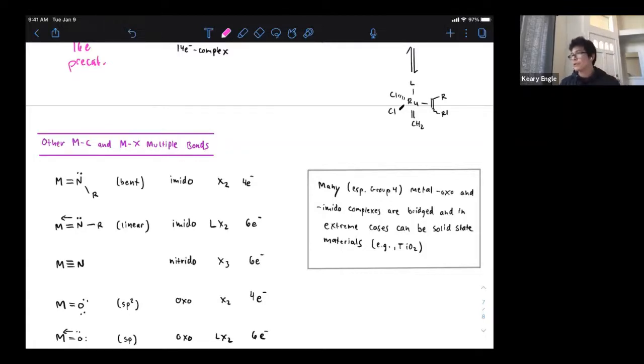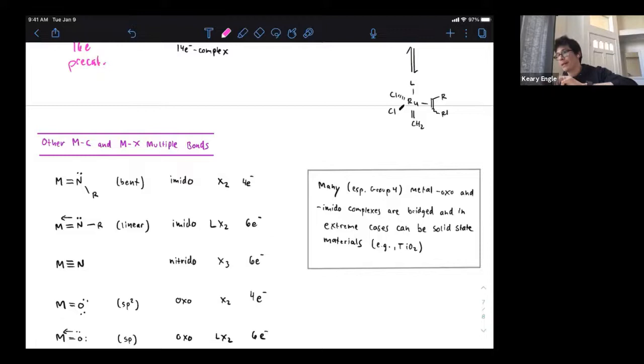Metal double bond to nitrogen, these are called amidos, and they come in two flavors, either the bent form or the linear form, and normally in a three-dimensional drawing of the complex, it will be specified structurally which one is at play. And I like to just draw out the Lewis dot structure because it's helpful to me to think about what's going on here. The bent one should have a well-defined lone pair on nitrogen.